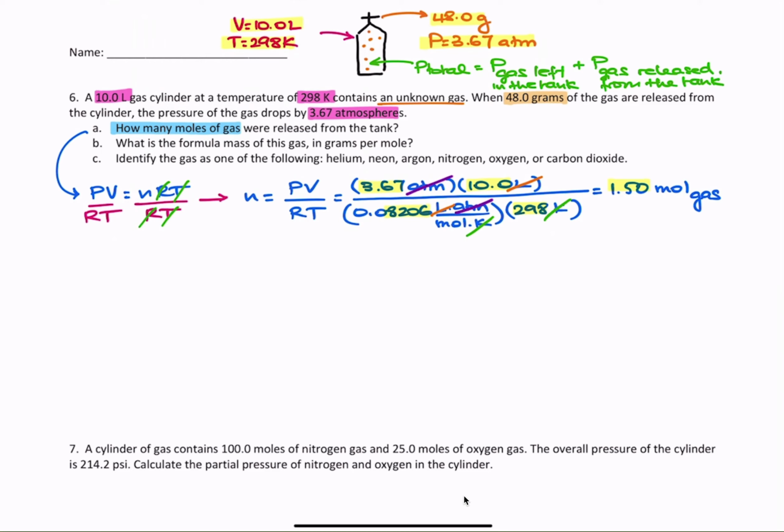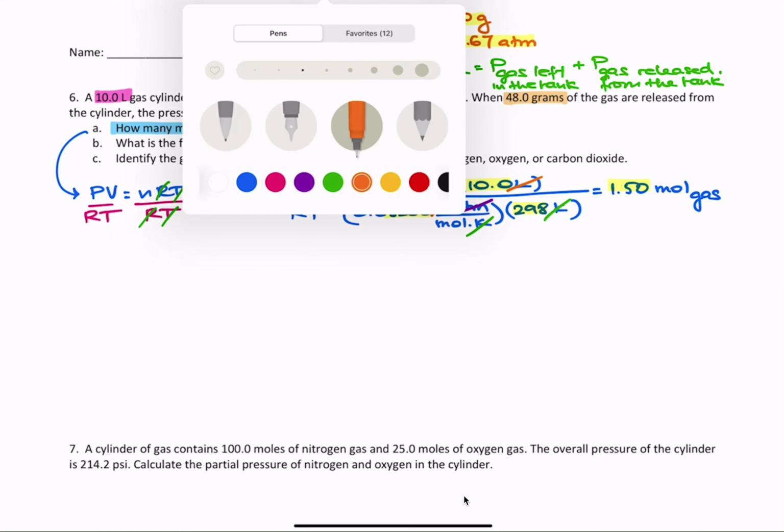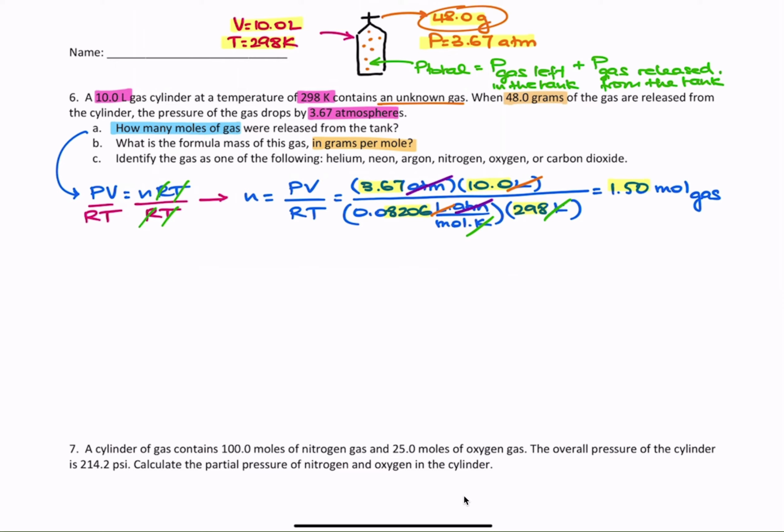If we look at the next question, we're looking for the formula mass, the molar mass of the gas, in gram per mole. We have grams of gas here, and we have mole of gas here.